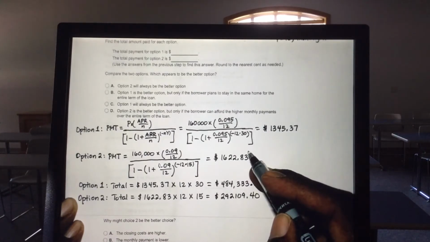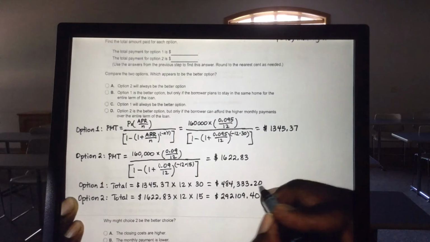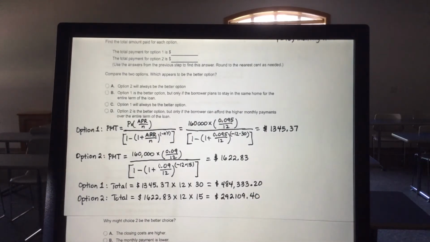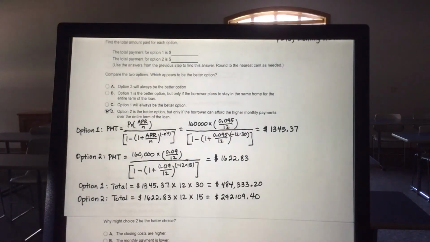But in the long run, option 2 would be better than option 1, because in option 1, you're going to be paying more. It's going to cost you more over the life of the loan than it would for option 2. So in this case here, option 2 is the better option.